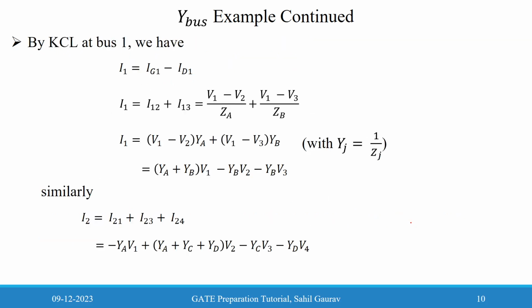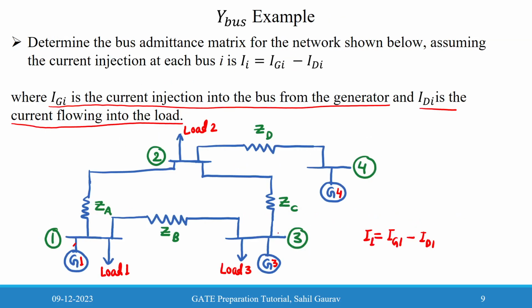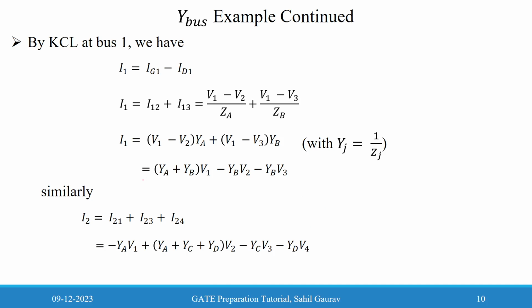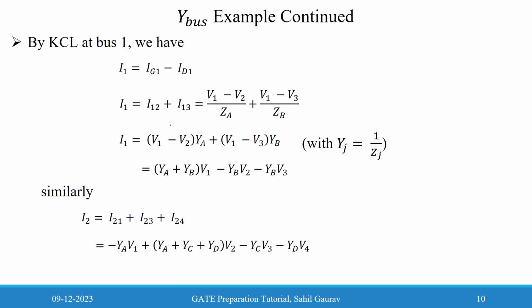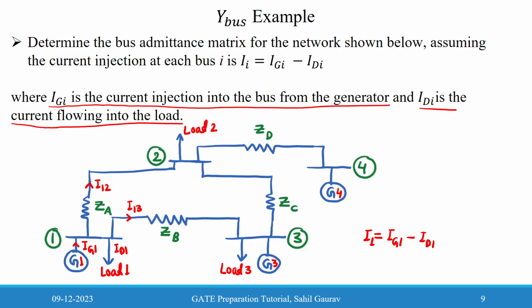And this I1 is also equal to IG1 minus ID1. Whatever amount I1 comes, that will be equal to I12 plus I13.